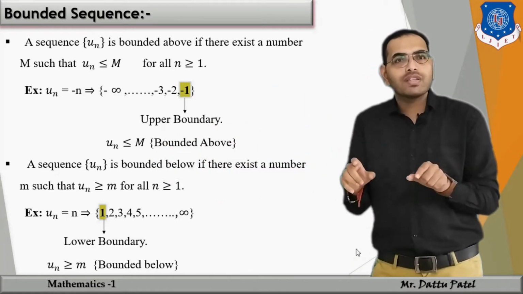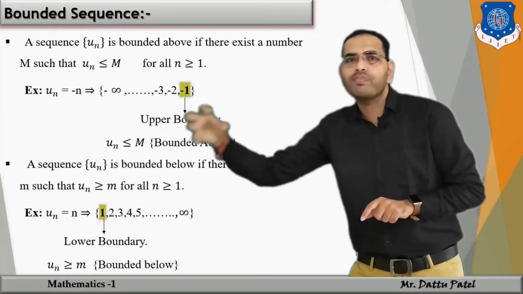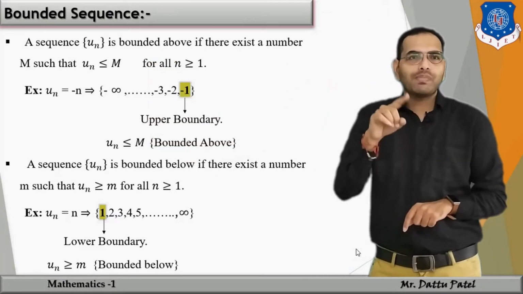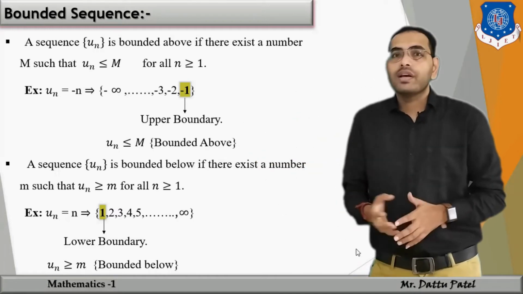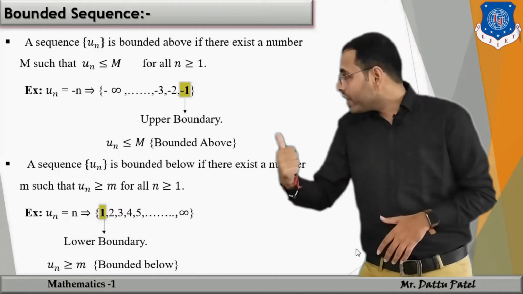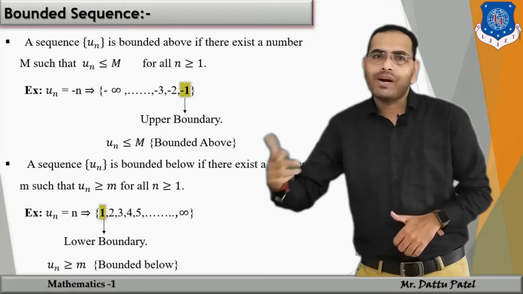Our sequence cannot exceed minus 1. Minus 1 is indicated by our capital M. Then our sequence is bounded above by minus 1.